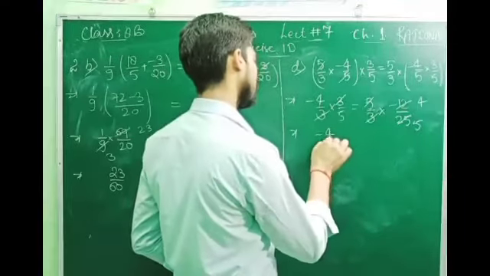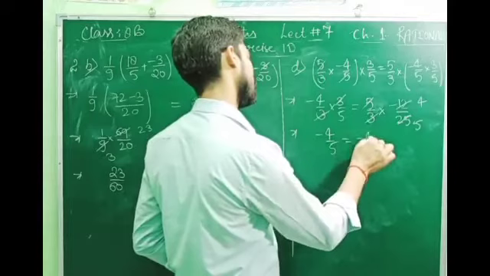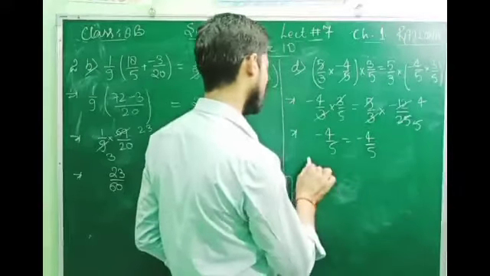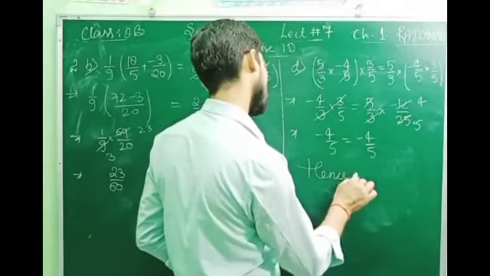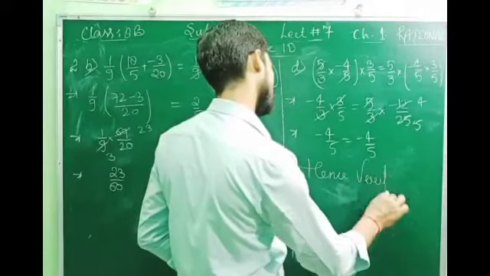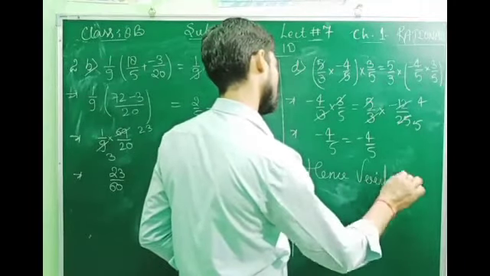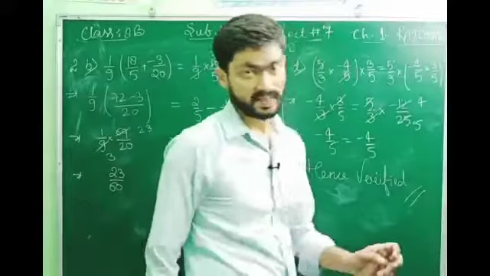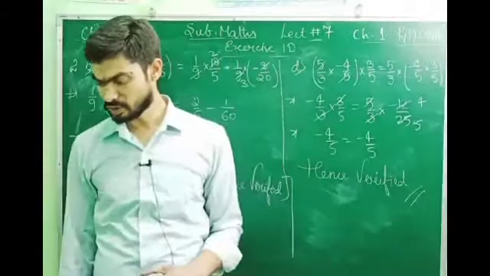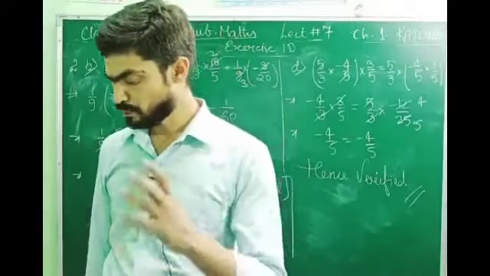Here you will get minus 4 by 5, here you will get minus 4 by 5. Both sides are equal, hence verified.